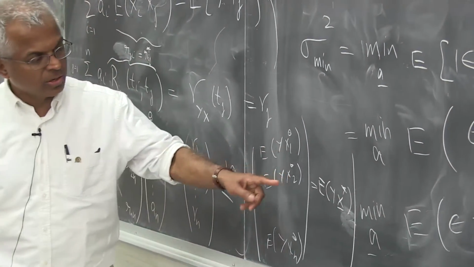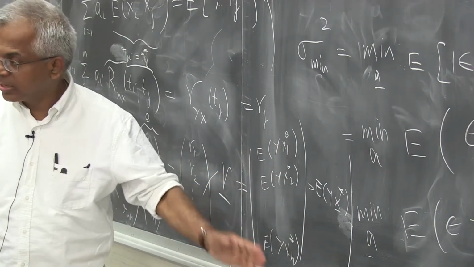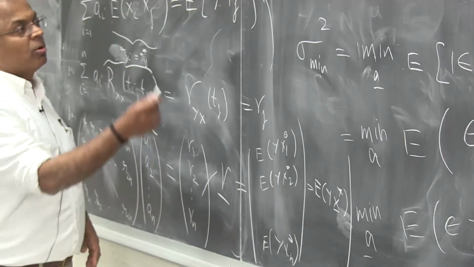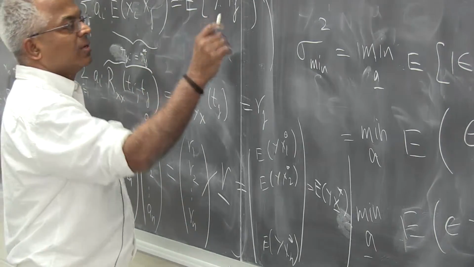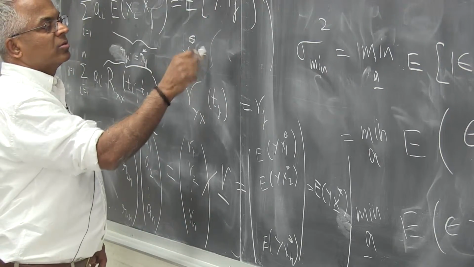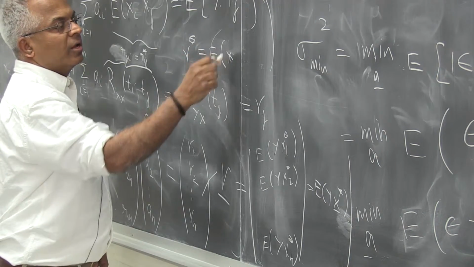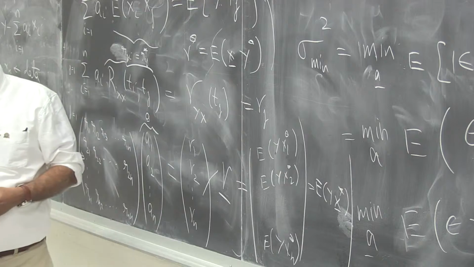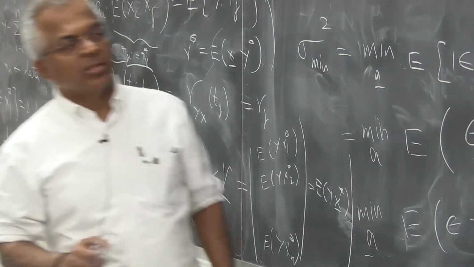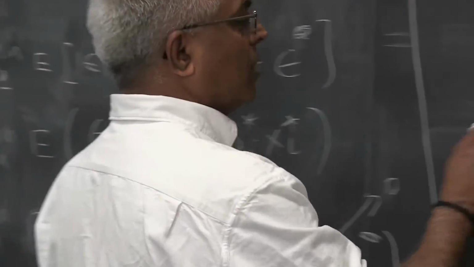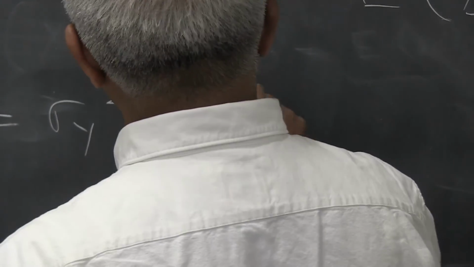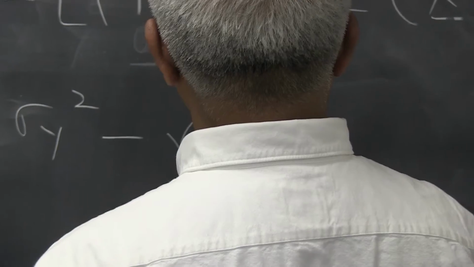Because x is x1, x2, etc. tagged along. So the star of this, you should be able to see that gamma star is, for example, expected value of x y star. And that's what we need there. So this is sigma y squared minus gamma star multiplied by a.